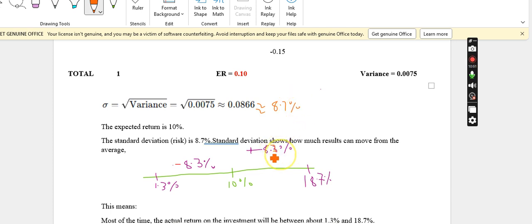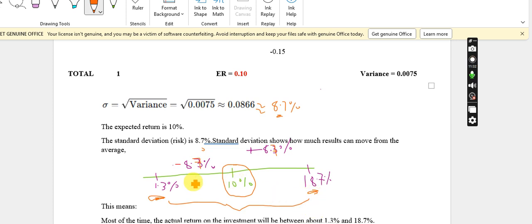We might not get this return. You can add 8.7 plus 10, you might get a return of 18.7%, or if worst comes to worst, 10 minus 8.7, you might get a return of 1.3%. So basically this is the range where you can expect your return to be in.